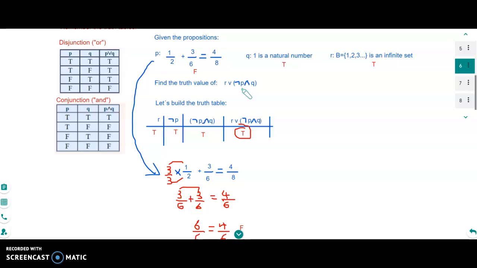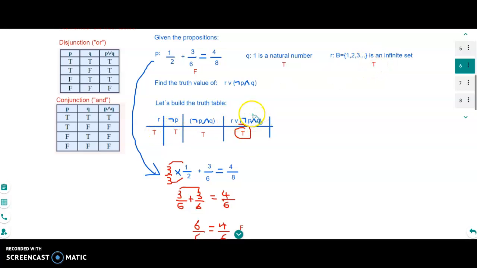Do you remember that? We can solve the parentheses first between two propositions, which is really easy. We can solve the negation: if P is false, the negation of false is true. And R, we already have the truth value, that is true.